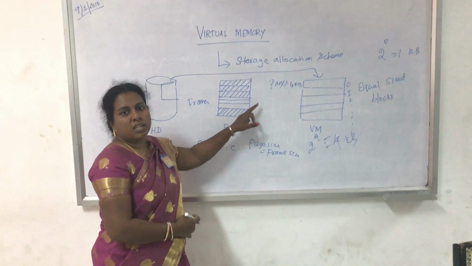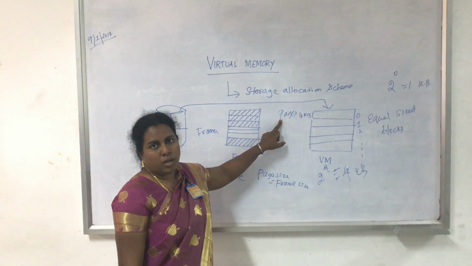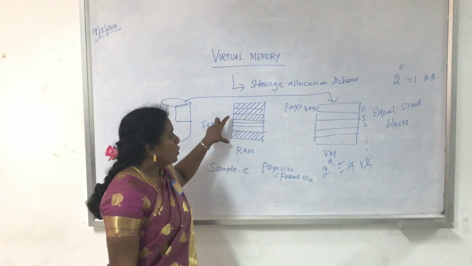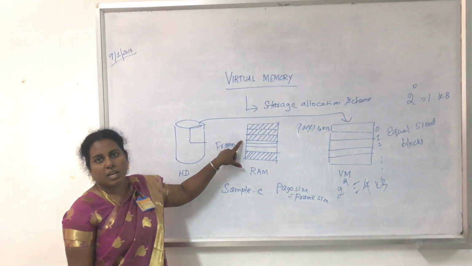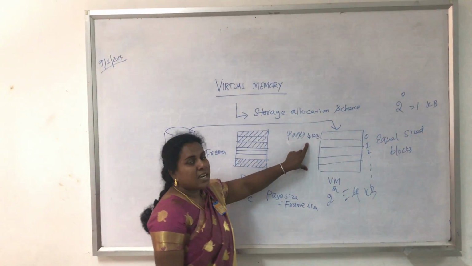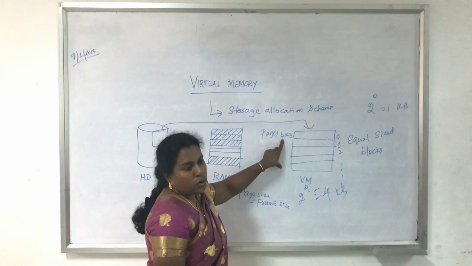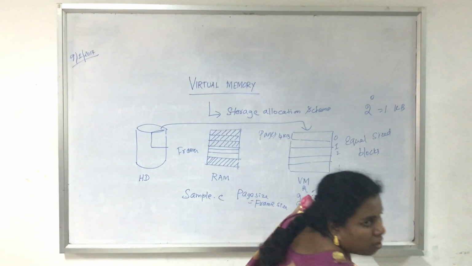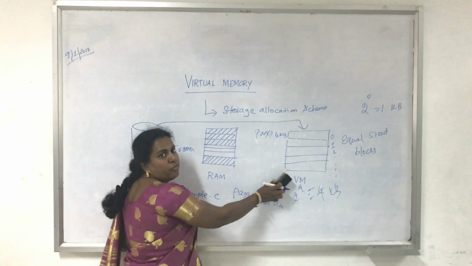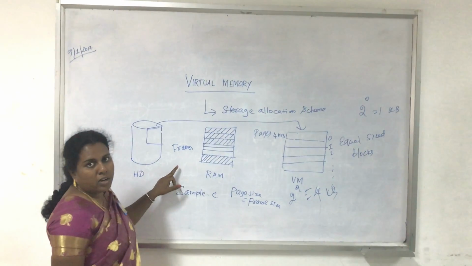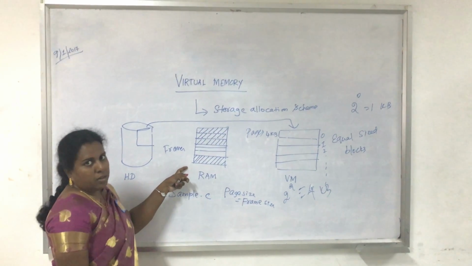The addresses created for virtual memory are called logical addresses or virtual addresses, and the actual addresses of RAM are called physical addresses. So logical addresses are present for virtual memory, and physical addresses are available for RAM.